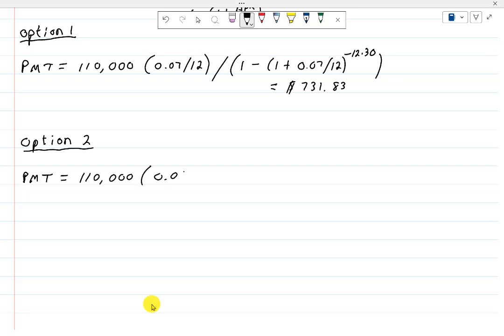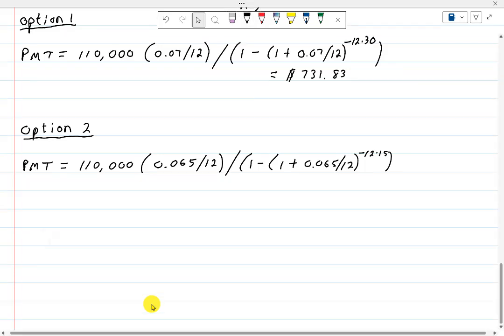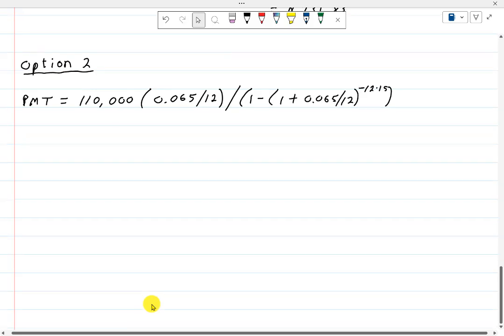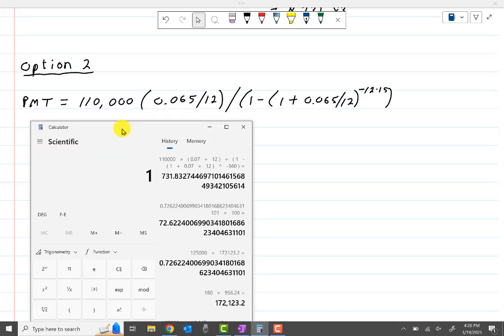I have 0.065 divided by 12 divided by 1 minus 1 plus 0.065 divided by 12, and that's raised to the negative 12 times 15. And let me go ahead and move that up. All right, for this option 2, we got 110,000.